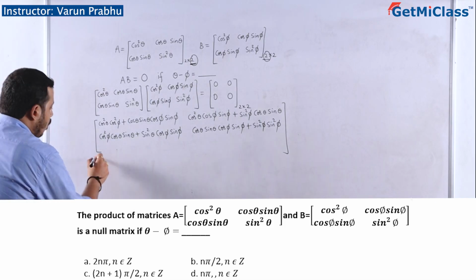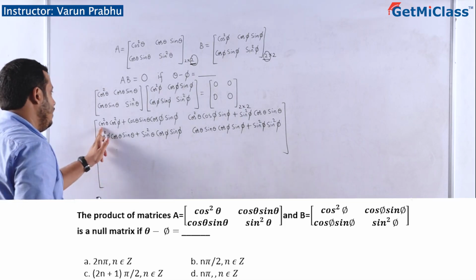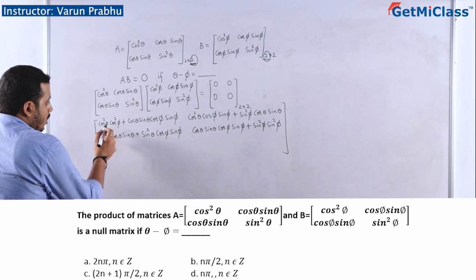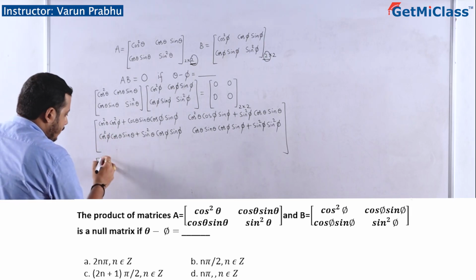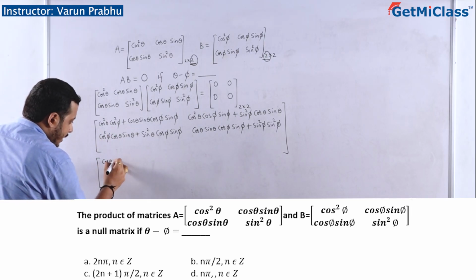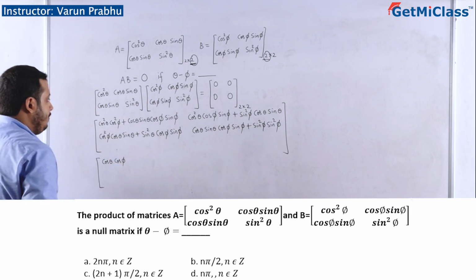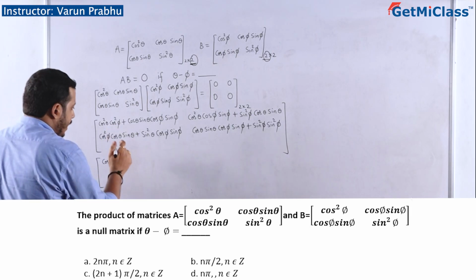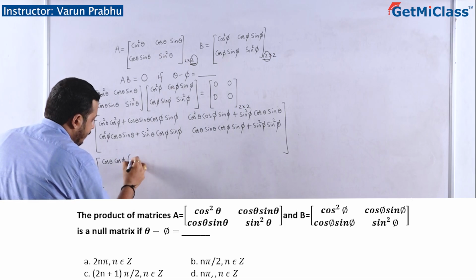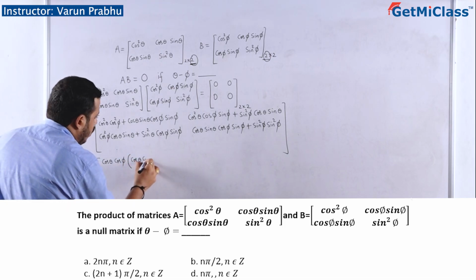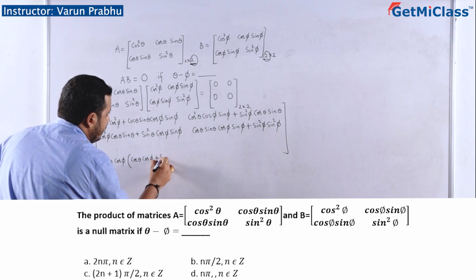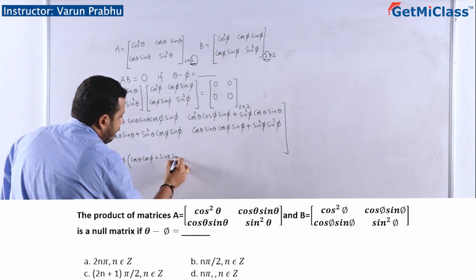Now what can be taken out common here? Cos theta cos phi can be taken out common. What are we left with? If we take cos theta cos phi common, we are left with cos theta cos phi plus sin theta sin phi.